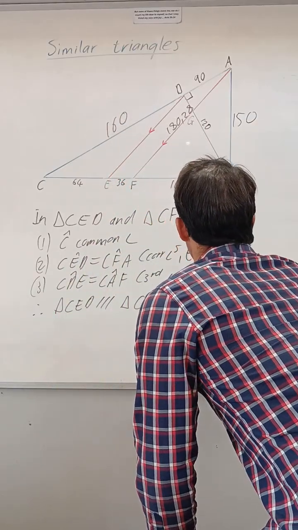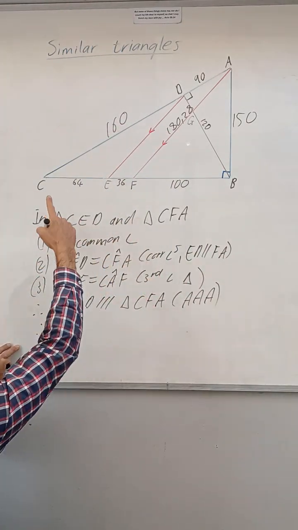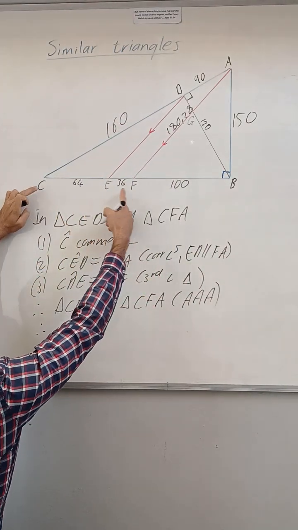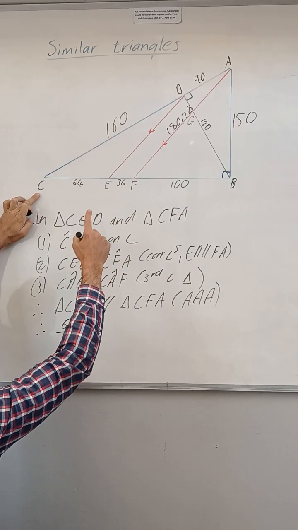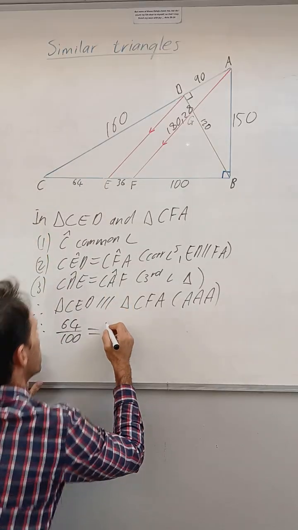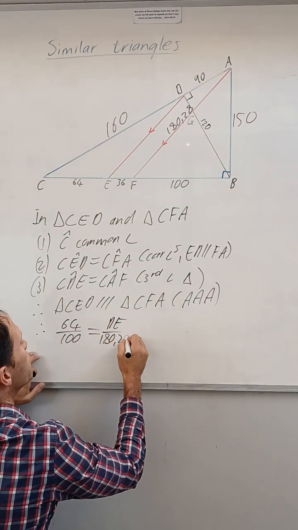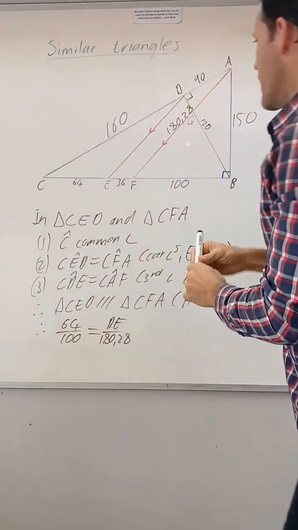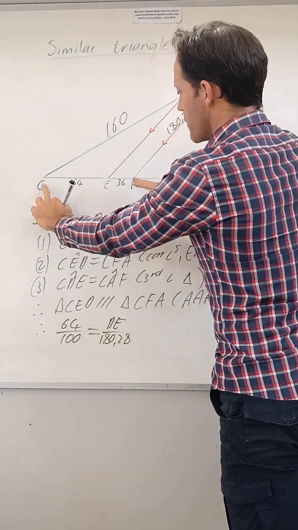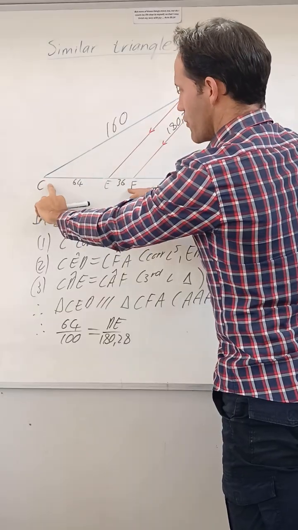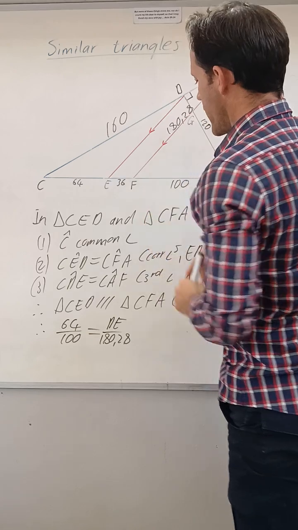Angle, angle, angle. And now we can say, therefore, because we showed they're similar, that CE over CF, 64 over 100, must be equal to DE over 180.28. The important thing is you take the smaller triangle side over the same triangle side on the bigger one. 64 over 100 is equal to DE over 180.28.